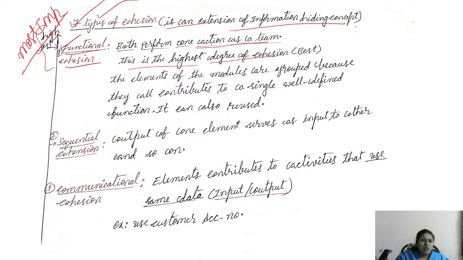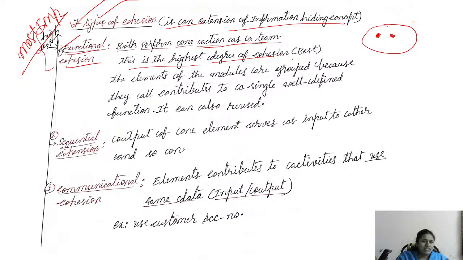Here we are talking about cohesion, that means it is within a module only. How the elements within a module are dependent, based on that we say it is good or bad. So what is functional cohesion?